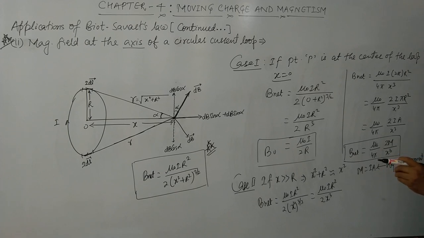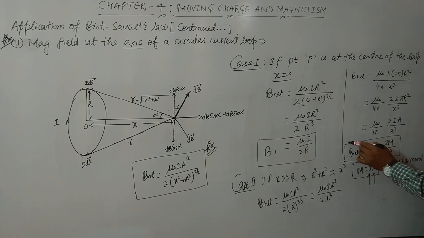In case of electric dipole we have defined electric dipole moment, so here also we can define magnetic dipole moment, and the formula is current multiplied by the area of that loop, whose dipole moment is denoted by m. So we will use it further also in the next chapter, that is magnetism. So you must remember that the magnetic dipole moment of a loop is defined as the product of current and the area of that loop. So this is the magnetic dipole moment.